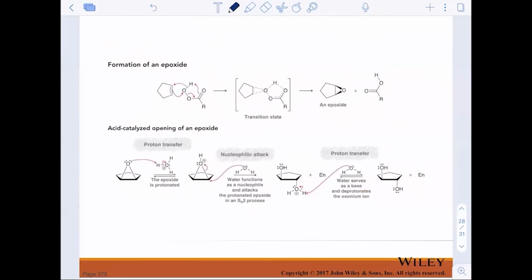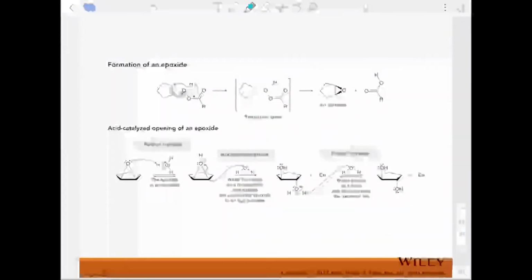Now this reaction is a little bit intense, so let's follow it through and I'm going to highlight it. I like to bring this out from the textbook because this reaction has a lot of arrows going on with it all at once. The alkene, again, is the nucleophile, and it's going to attack that most reactive oxygen.